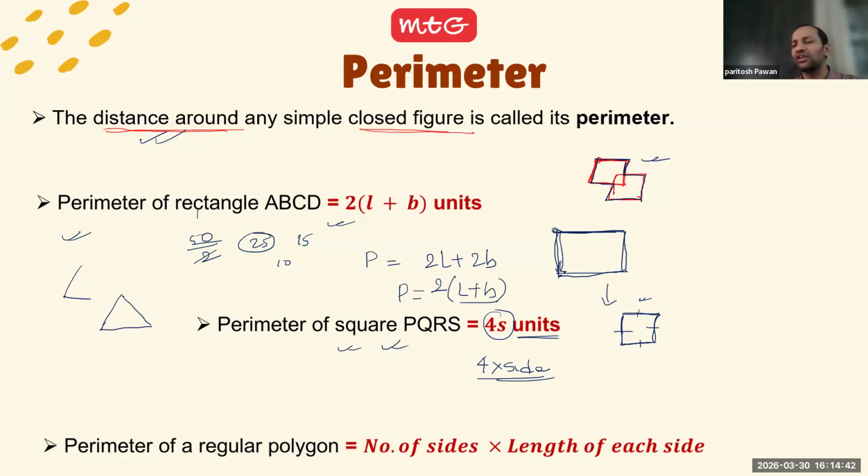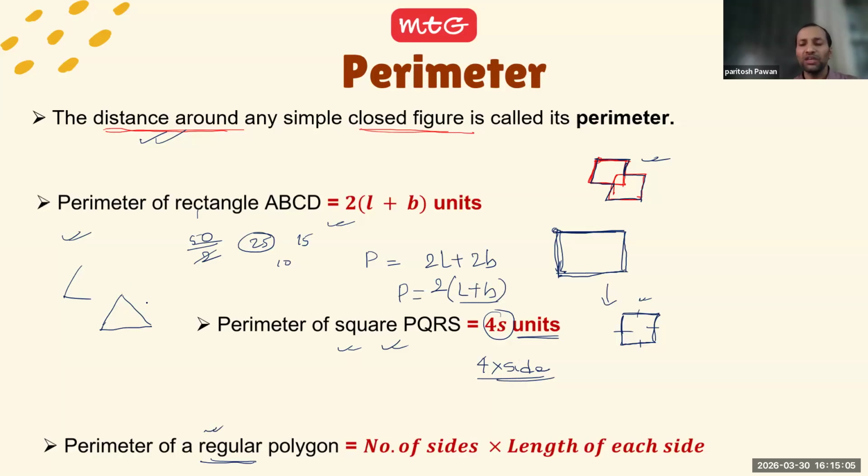By 2 sides, we cannot close it. Here it says regular polygon: a polygon which has all sides equal and all angles equal is called a regular polygon.